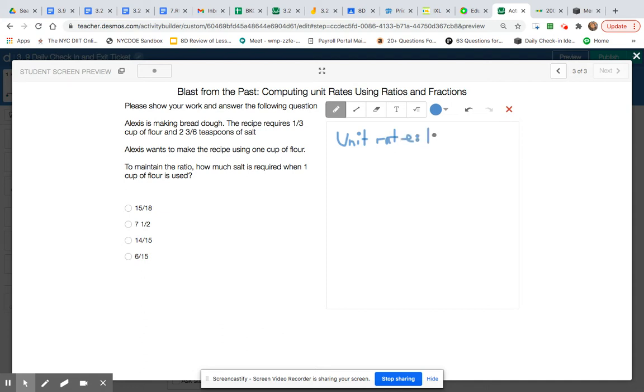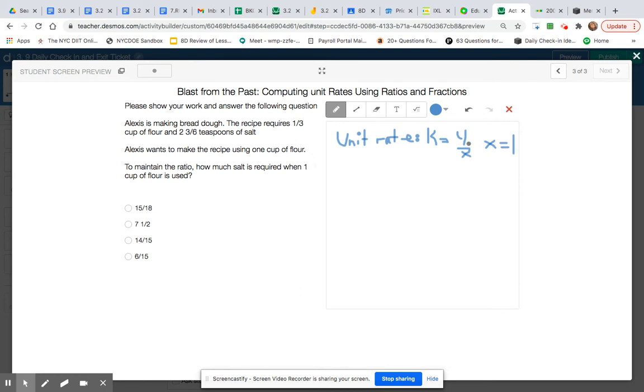So that's K equals Y over X, where X is equal to 1, right? So what variable do we need to be equal to 1? The cup of flour.